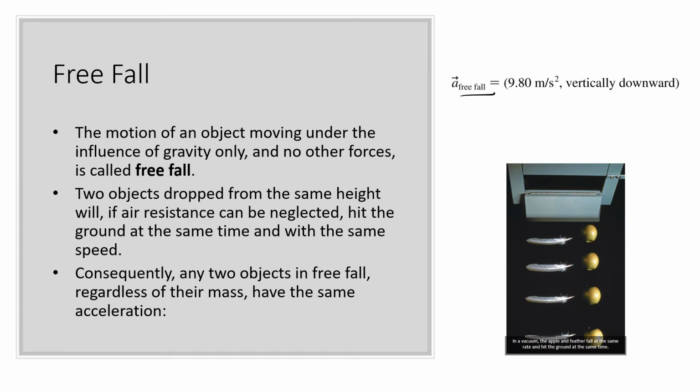It doesn't matter what you are dropping, the acceleration due to gravity is always going to be 9.8 meters per second squared, assuming you're at the same distance away from the planet, from the surface, if you're standing on the surface of the planet. Now this 9.8 is actually averaged across the Earth because when you're on top of a mountain, the acceleration due to gravity is slightly lower.